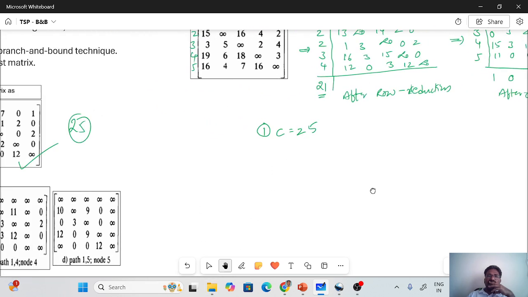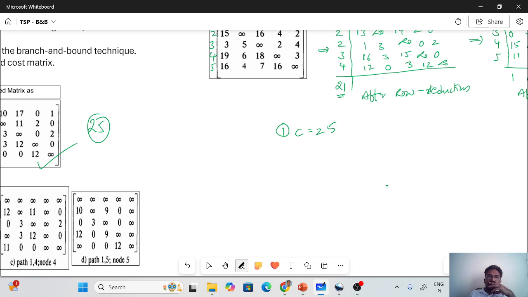Next I am going to visit either the second node, or third node, or fourth node, or fifth node.